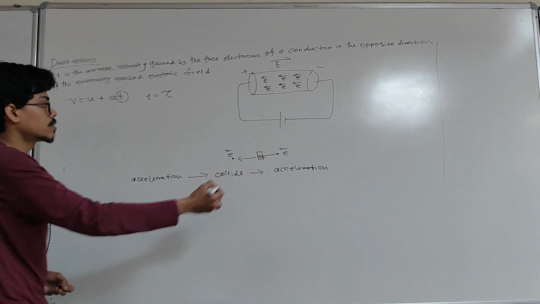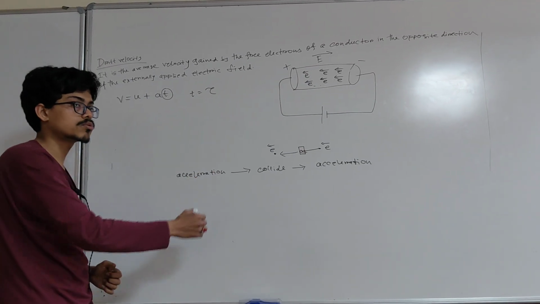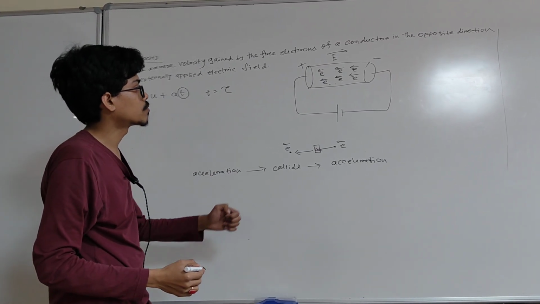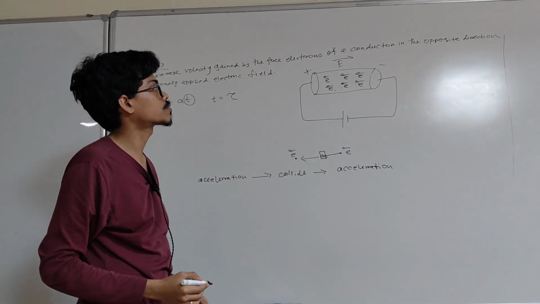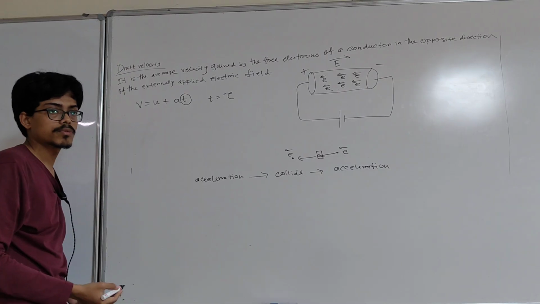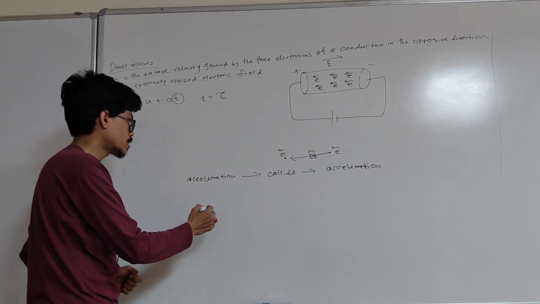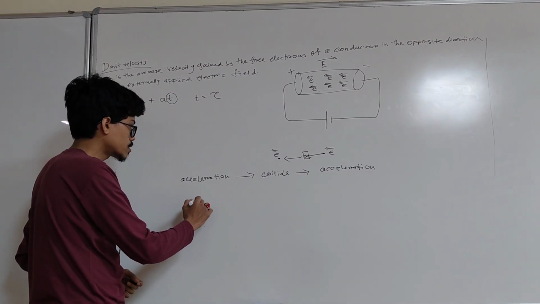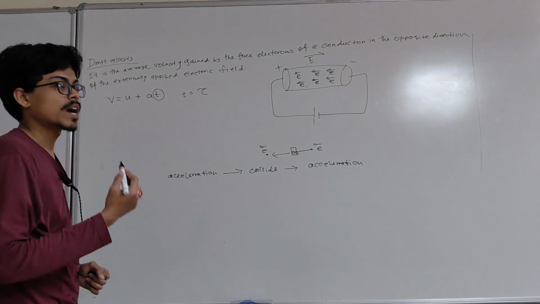Acceleration, collision, and then again acceleration. In this cyclic action the electrons make their journey from the negative to the positive side, in the opposite direction of the electric field, and hence we get the drift velocity in this manner: their velocity increases and decreases, increases and decreases, and so on.